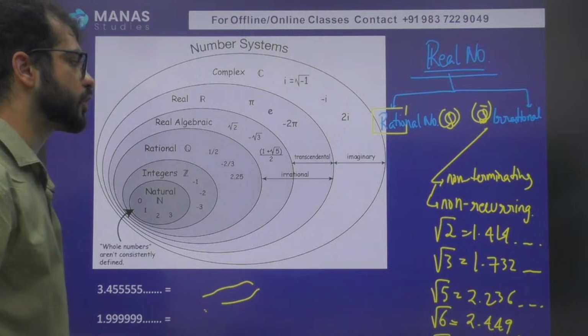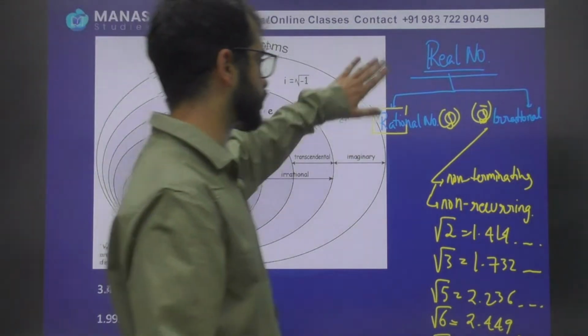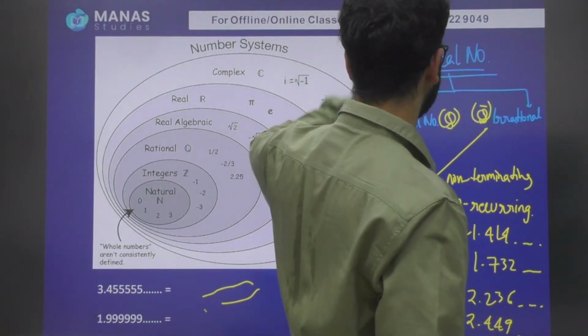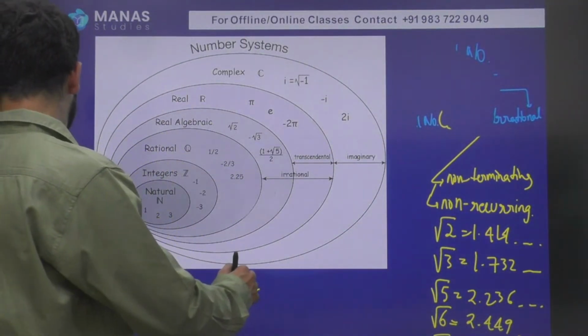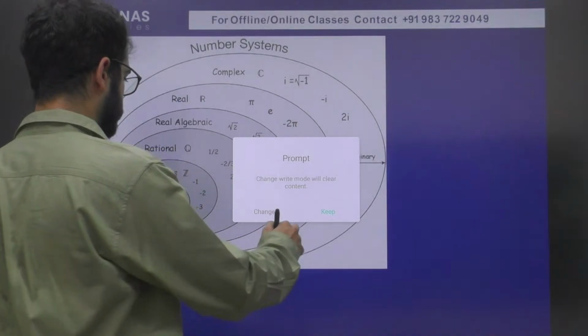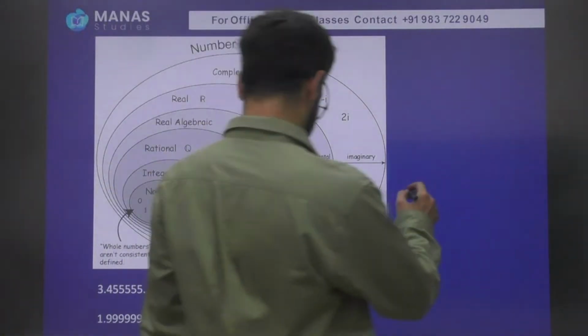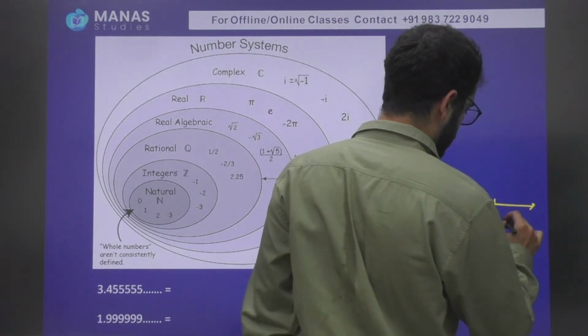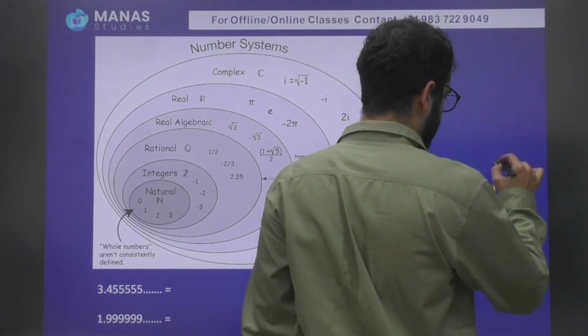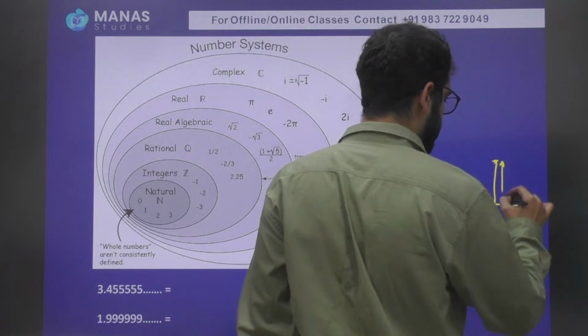If we just want to understand how these irrational numbers are created, let's have a look at the number line. Let's say this is the number line. I have a point 1, I have another point 2, and I create a vertical line whose length is 1.